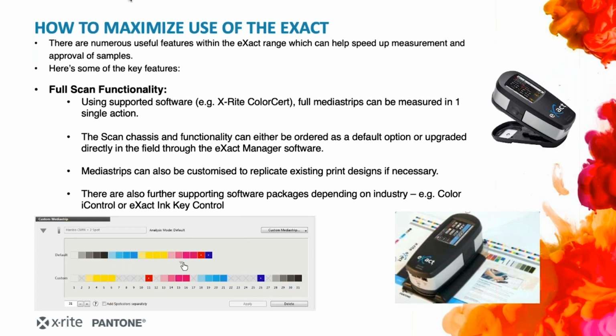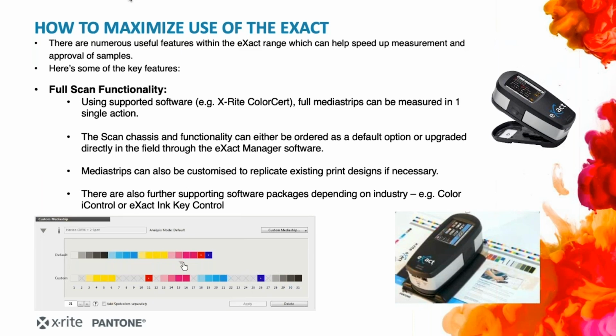I can then scan and report back on an individual color bar. Or with supporting software and hardware, we can also put this into the offset market, scan of a full color bar, supporting key control aspects of that. Or, as you can see on the left-hand screenshot, we can insert supporting software, this being X-Rite's ColorCert platform.